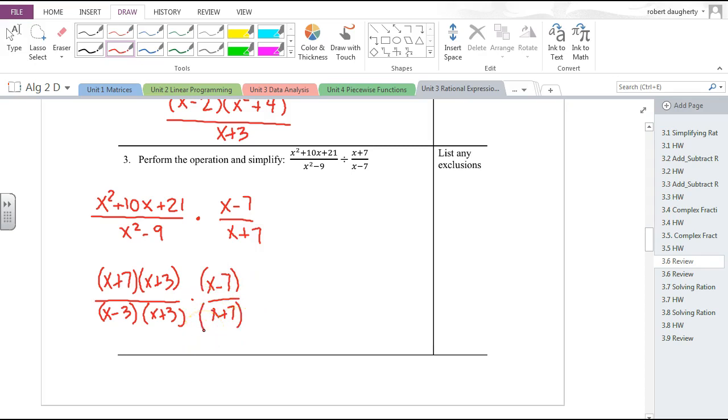What are my exclusions? x cannot be 3, negative 3, or negative 7. Now, can I simplify? x plus 7 divided by x plus 7 is 1. x plus 3 over x plus 3 is 1. My final answer is x minus 7 divided by x minus 3.